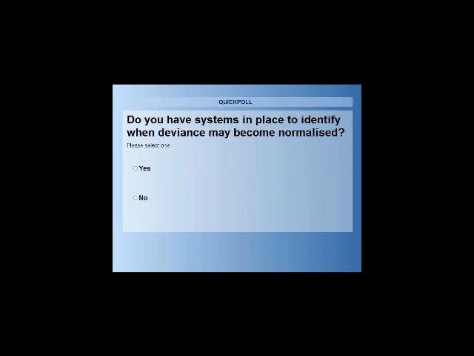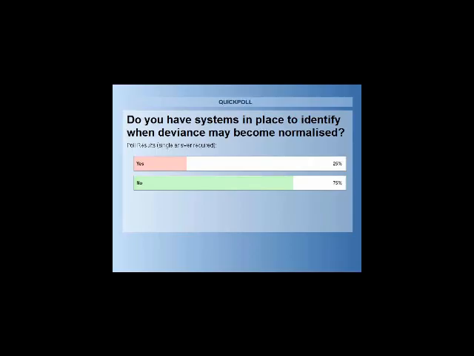So let's take a look at these results. So we've actually seen 25% of you saying that yes, you do have systems in place to identify when deviance may have become normalised, and 75% saying no. So thank you for that feedback.